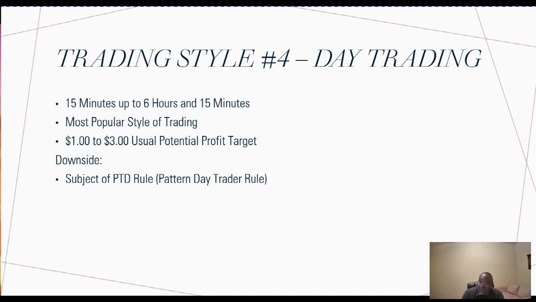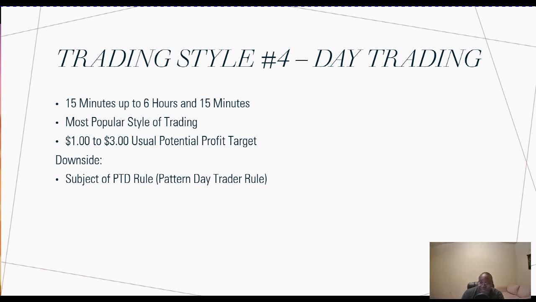So under the pattern day trader rule, if you have less than $25,000 in your securities, you can only make 3 day trades within a 5-day period. If you go beyond that, your account will be locked for up to 90 days. You will not be able to trade or do anything.